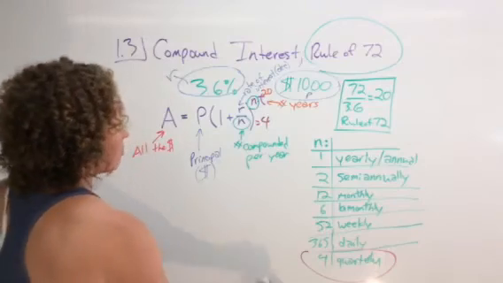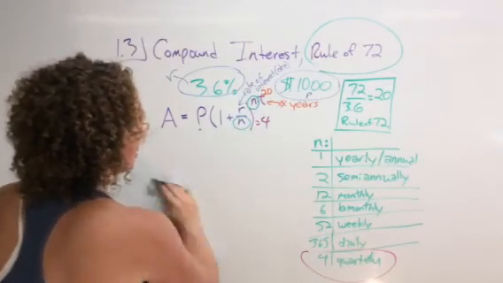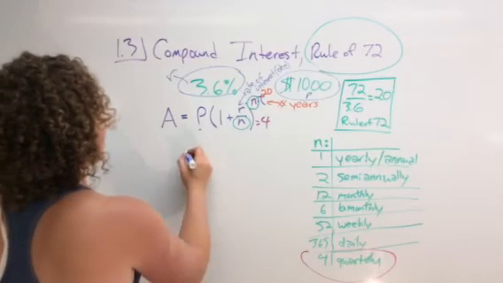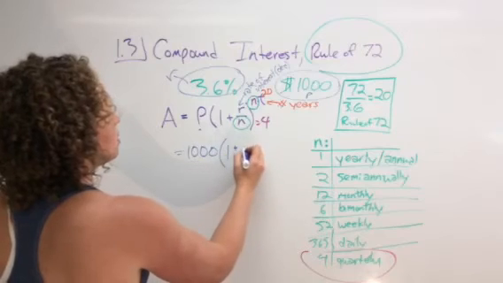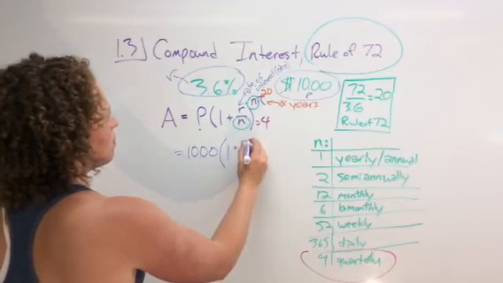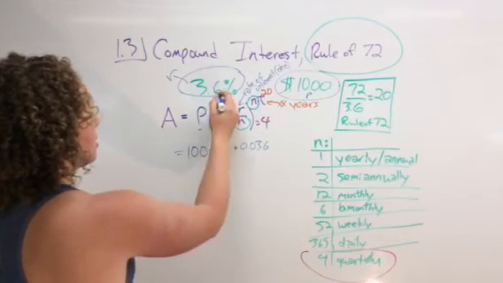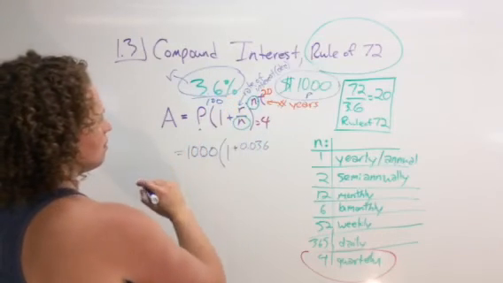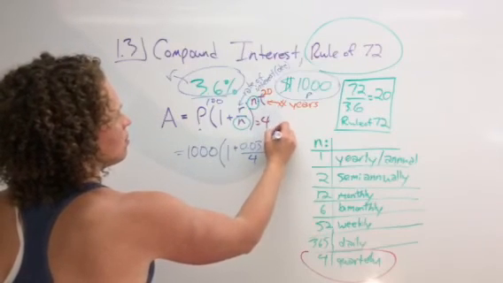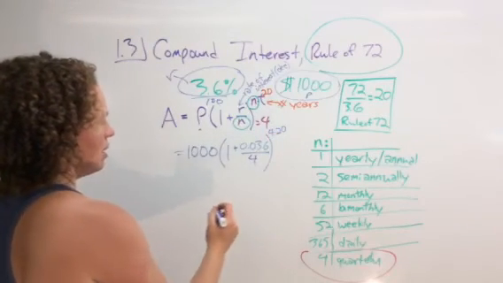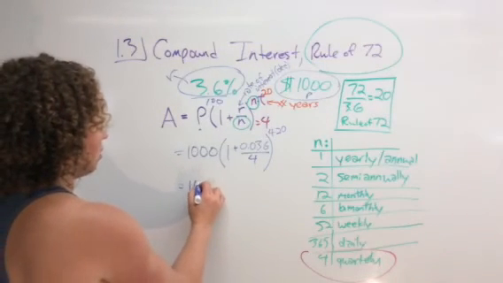We're going to put this all together. I'm going to make myself a little bit of space here, though. So right underneath of this one, I'm just going to fill in all the answers. I want to know what it takes for $1,000 to go at a rate of, oops, not 3.6, 0.036, because I'm going to divide that by 100, over n is 4, to the power of 4 times 20. Now, the best way to go about this is to do it in steps.